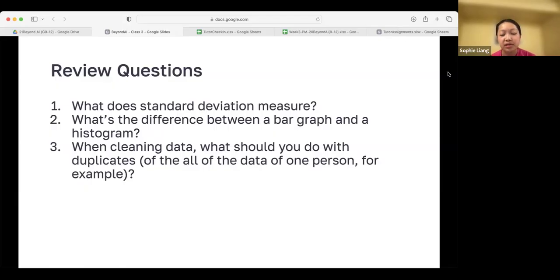Okay, Eli, how about you? Can you try one of the questions? For the first one, it's the average offset from the mean. Yeah, like the average distance each data point is from the mean. Okay. For number two, how about the news?